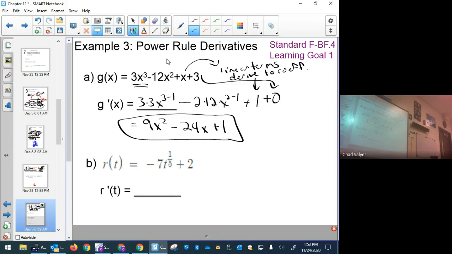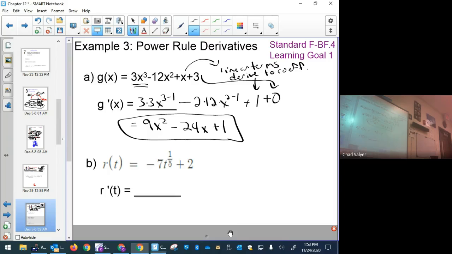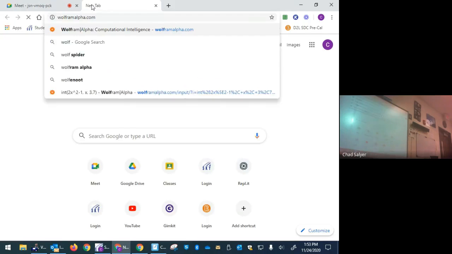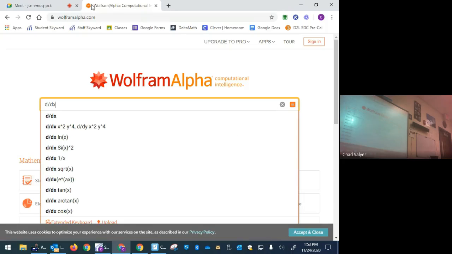some TI calculators can do a few things in calculus. Wolfram is a more reliable source. So anytime you want to check your work, Wolfram's probably where you want to go. And if you put in d over dx, that means the derivative.